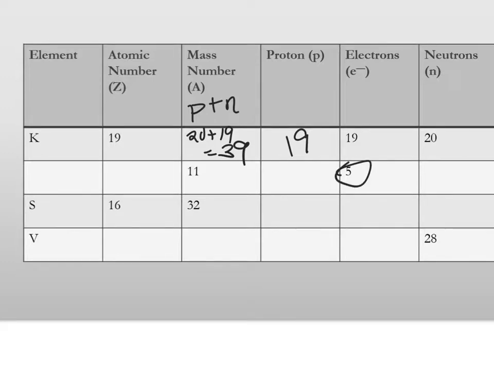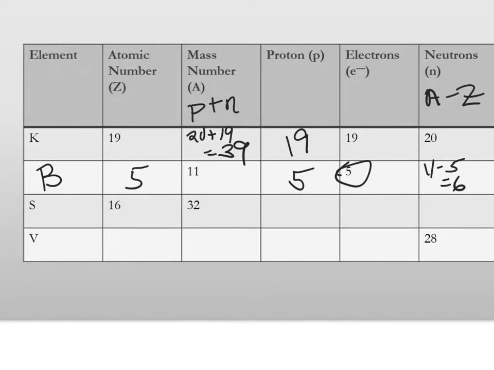So because that's 5, that makes that 5. Since it's element number 5, because there's 5 protons, this is going to be boron. So we have an atomic number of 5 because there's 5 protons, and now we need the number of neutrons. The number of neutrons is going to be A minus Z. So we get 11 minus 5, and that's equal to 6.